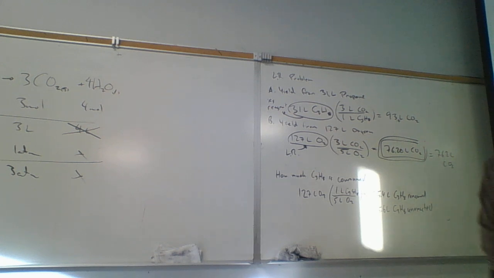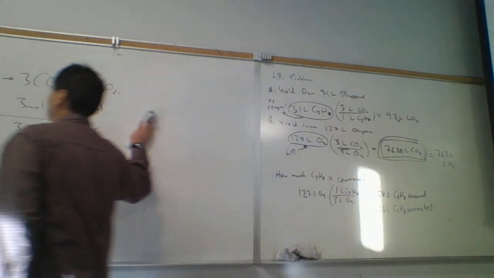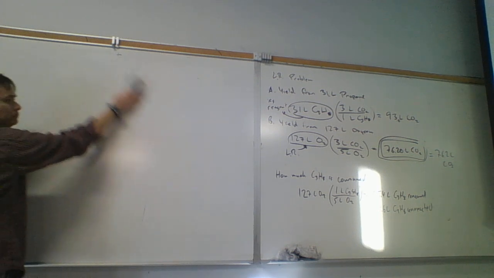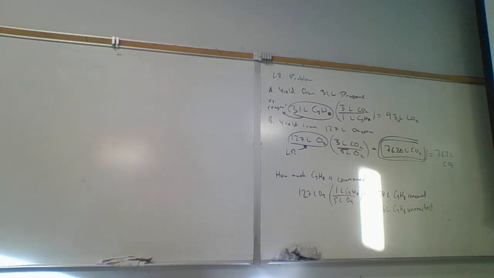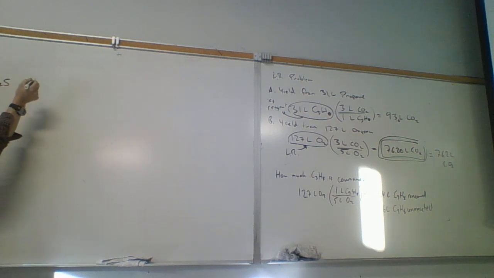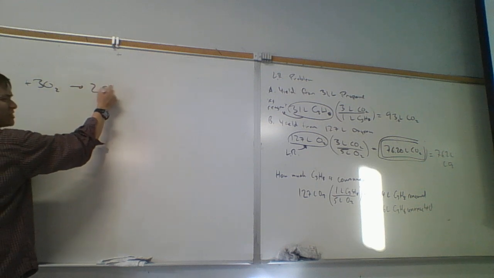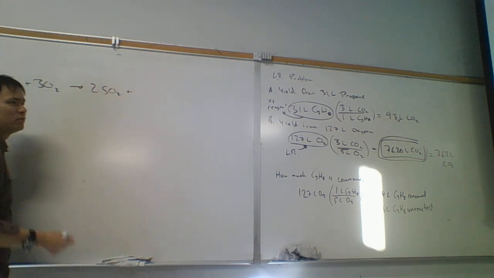The one shortcut we could use is that we can go like this. If we have 2 H2S, and your book loves this type of problem, 3 O2s goes to 2 SO2s plus 2 H2Os.